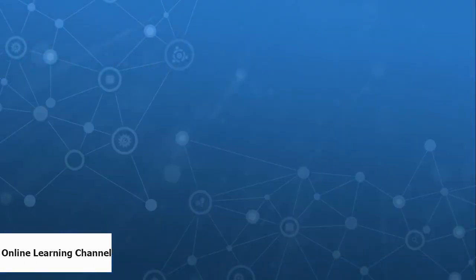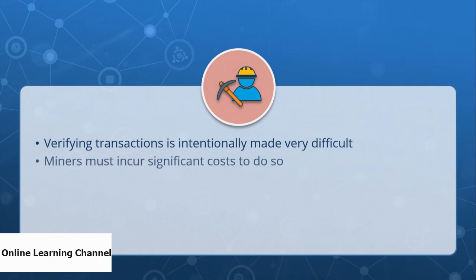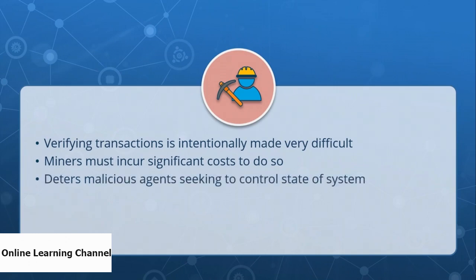One important thing to keep in mind as far as transaction verification goes is that this is a process which has intentionally been made very difficult. This is so that miners who perform transaction verifications must incur significant costs to do that, and this is something which is done to prevent malicious nodes from taking control of the Ethereum network.